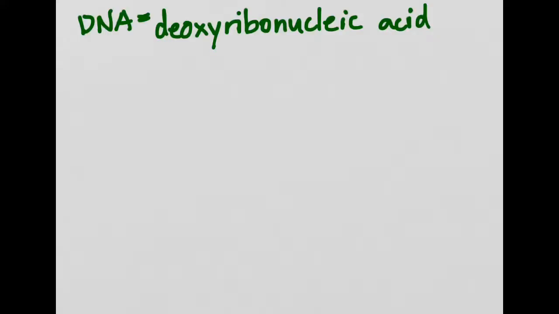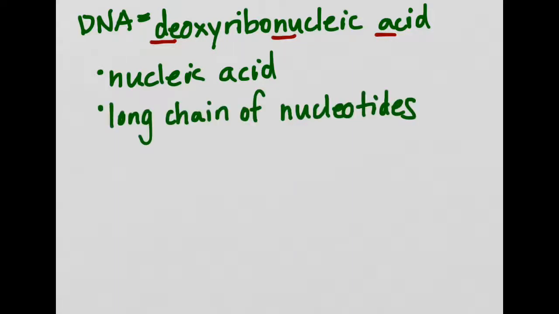DNA stands for deoxyribonucleic acid, with a D and an A underlined there for you. And it's a really unique molecule. Of the big four, it's a nucleic acid, and it's made up of nucleotides, which I'll identify in just a minute, that are joined into really long strands or chains through covalent bonds.